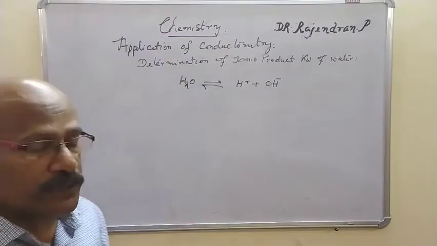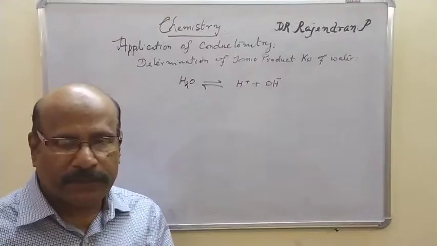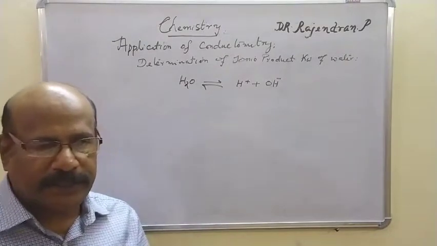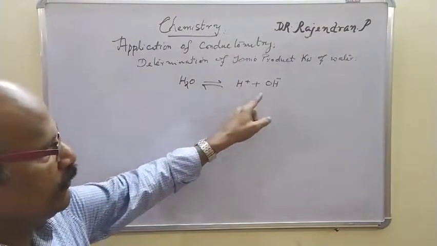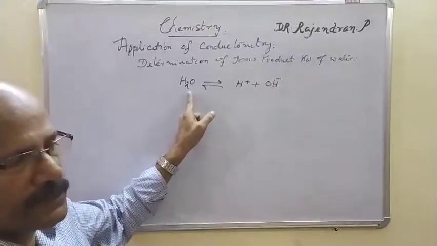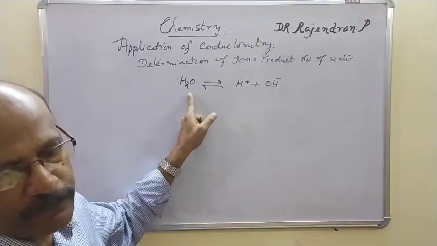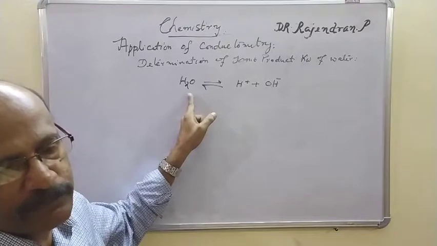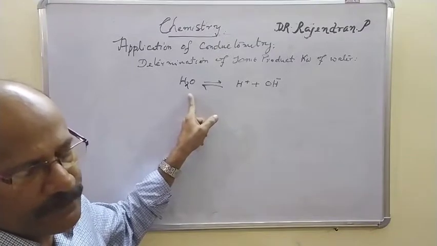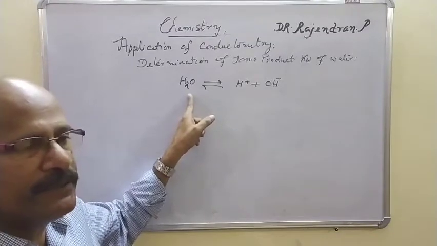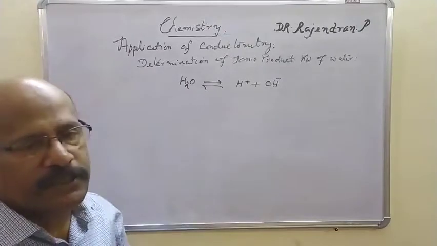Out of 5,000 parts of water molecule, only 1 part undergoes dissociation to H plus and OH minus ion, and these ions then come in equilibrium with the undissociated part of the water molecule, which is the major amount. Because it is assumed that the amount of H2O practically remains constant even after the dissociation.